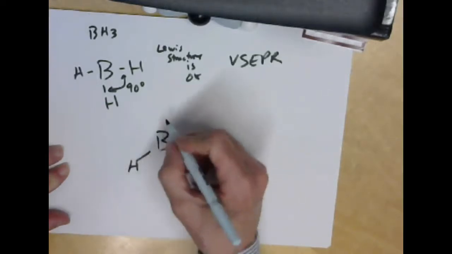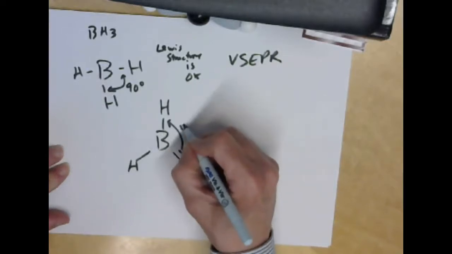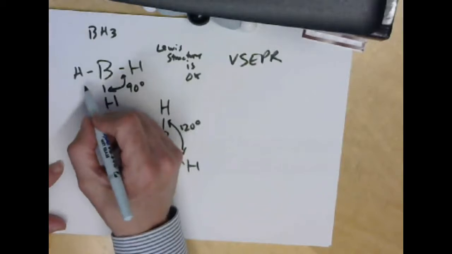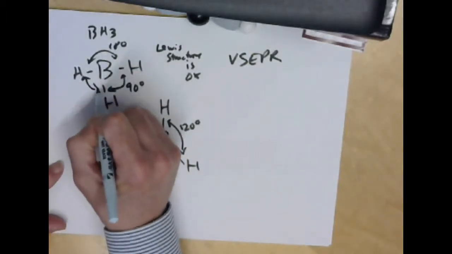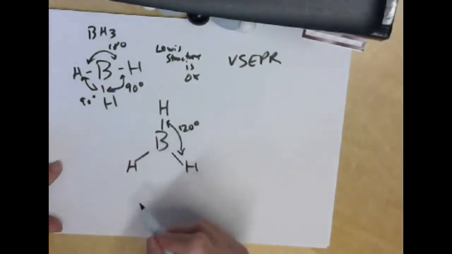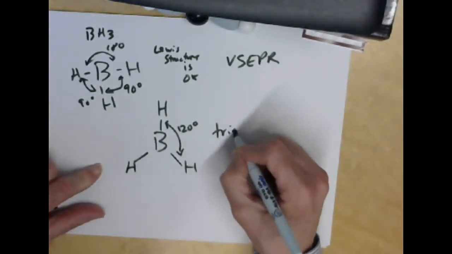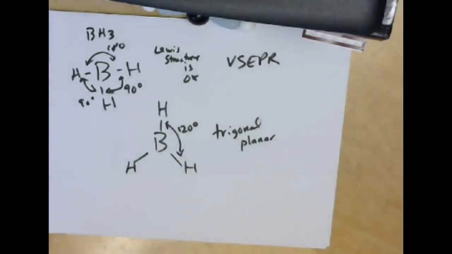So let's redraw that Lewis structure to make those bond angles, instead of being 90, 90, and 180 up here, make them where they're all 120. So now we've maximized those angles, and this is called a trigonal planar electron domain geometry.